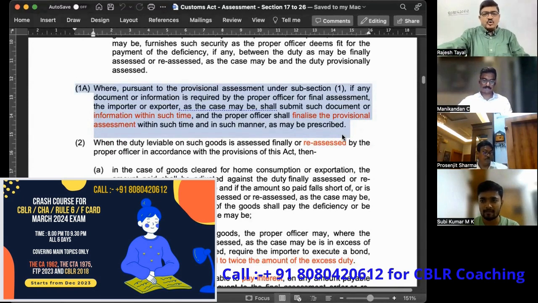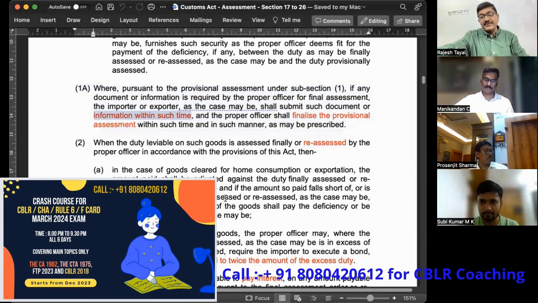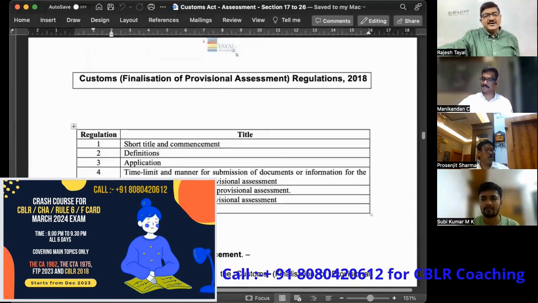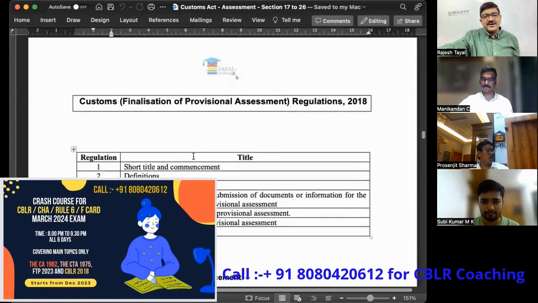So there are two places where the time is prescribed: a time limit for furnishing the information, and a time limit for finalization of the assessment. Now, what is that time limit? That is very, very important, so we are going to see that here.